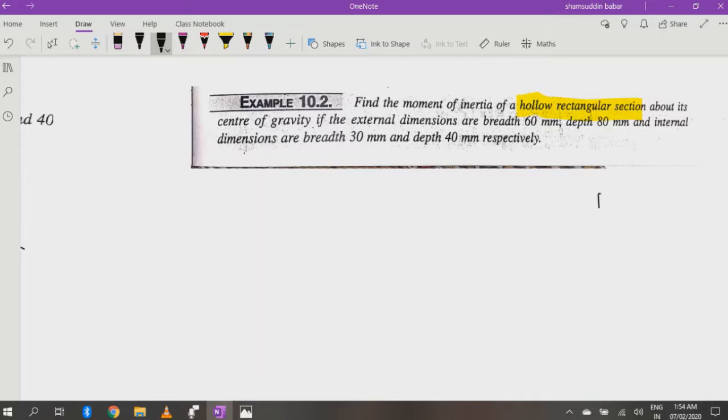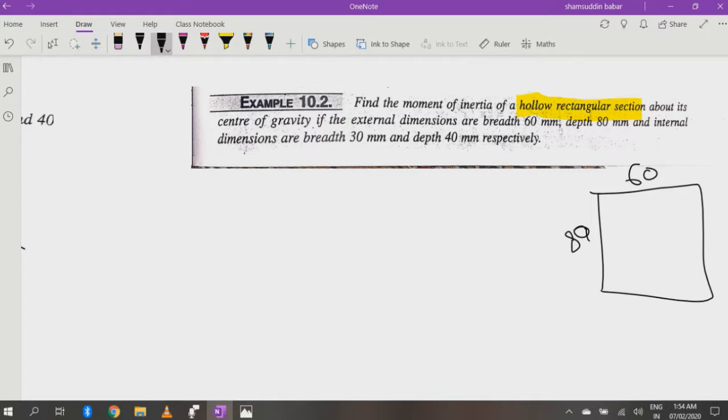So we have a rectangle. I draw my rectangle. Okay, my external dimensions are 60 and 80. Breadth 60 mm, and this is 80 mm. And the internal dimensions are 30 and 40.